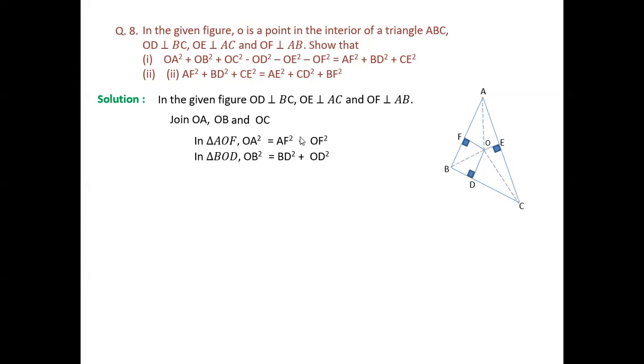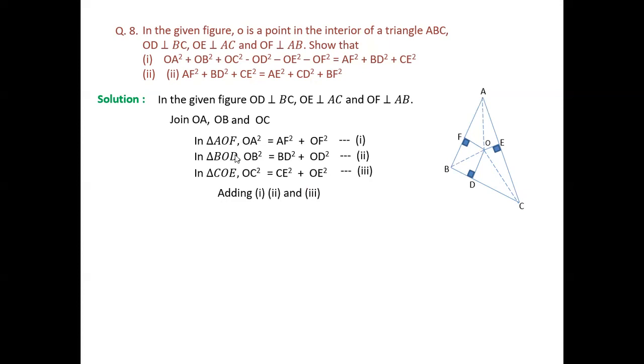So next, in triangle COE, I have taken this triangle. Right angle is here, so this is your hypotenuse. So OC square is equal to CE square plus OE square. Okay? So this is the first, second, third. How we have got all these three results?